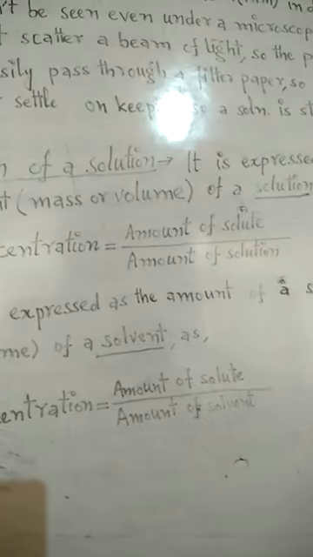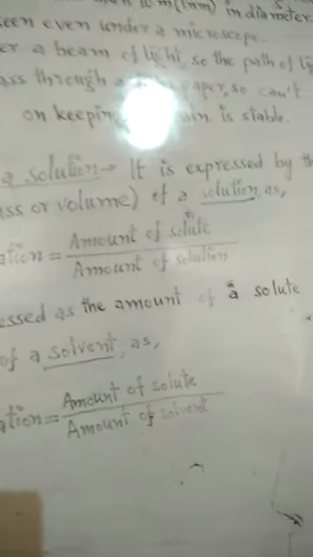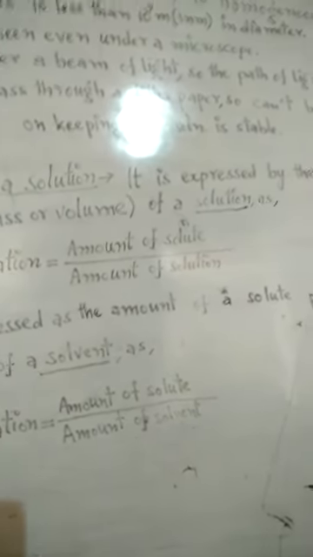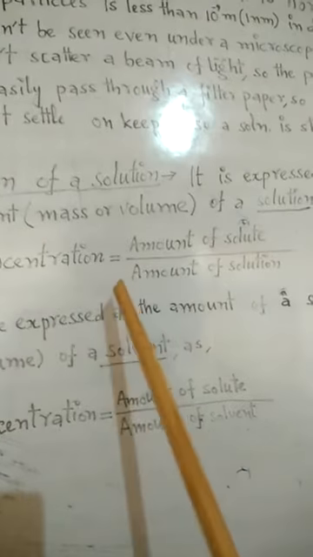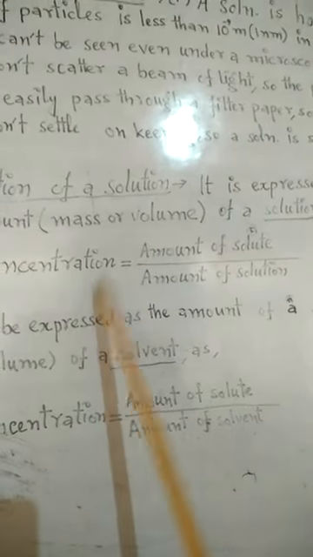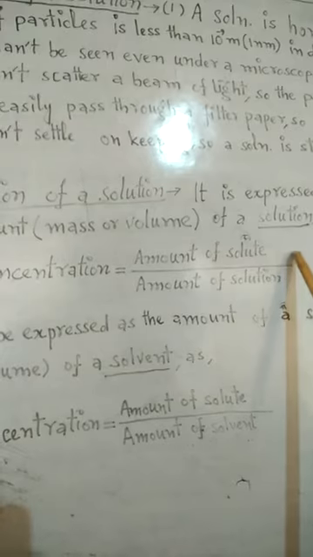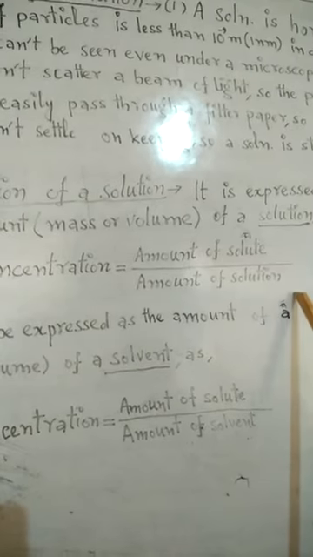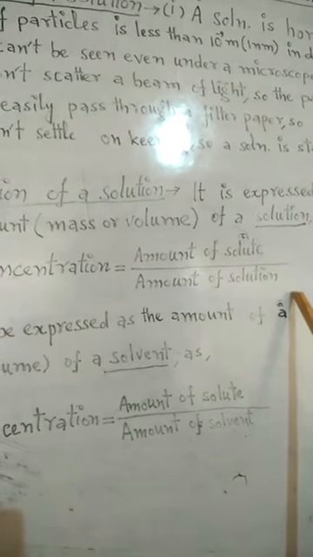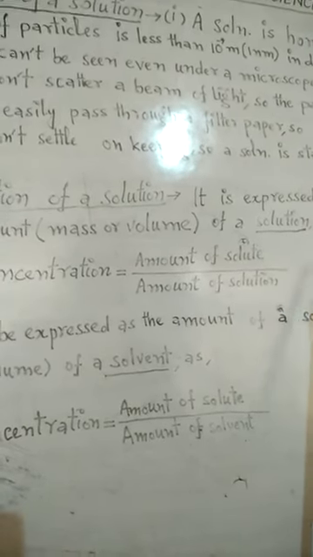This means if we have to express the concentration of a solution, it is expressed by this equation, that concentration of a solution is equal to amount of solute divided by amount of solution. This equation gives the concentration.